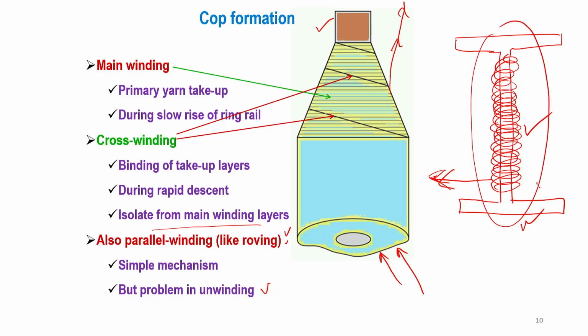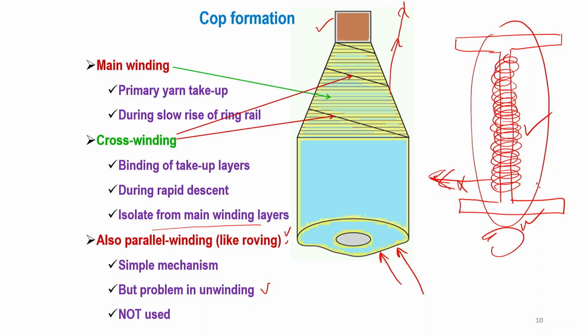So a high torque is required, and due to the high inertia, in case of breakage it will keep on rotating. So there may need to be a brake arrangement. So this is complex, and the problem of unwinding is there.